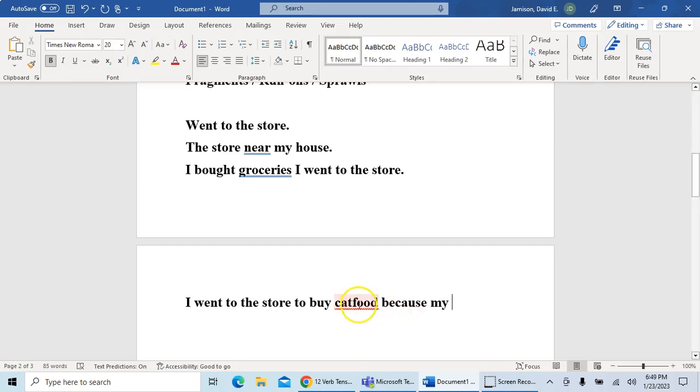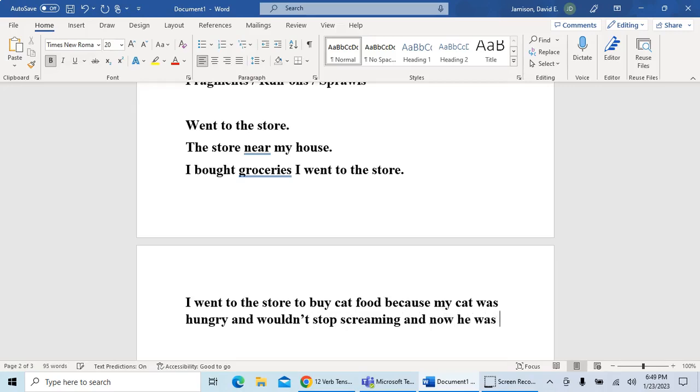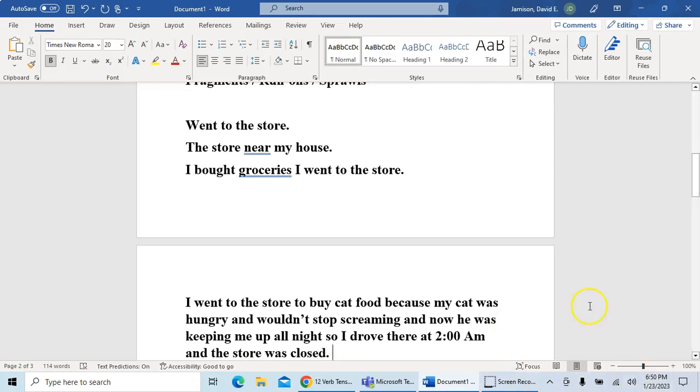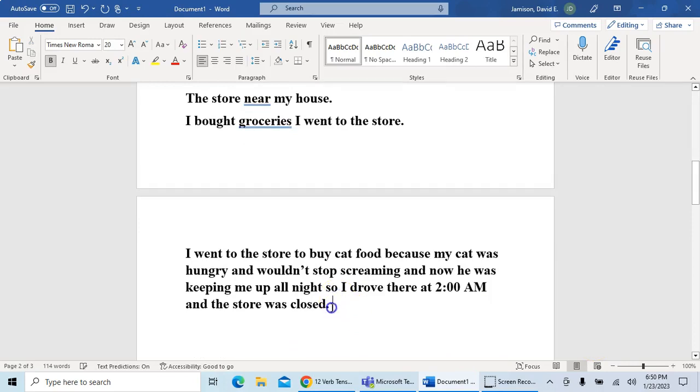Cat food is two words, I guess. There's some issues going on here, but yeah, this is a sentence sprawl because I mean you can technically write a sentence this way, but by the time you get to the end of it, you've gone on this whole journey and there's no punctuation in here to connect it together.